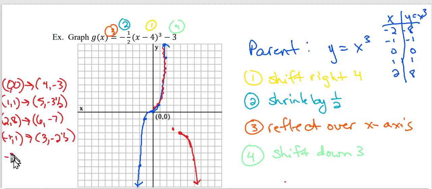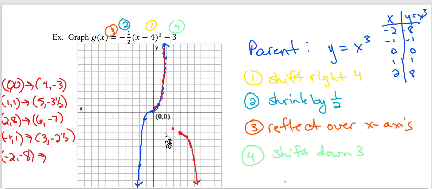And this last guy, -2, -8. Move it right 4. 1, 2, 3, 4. Shrink by 1/2. That y value of -8, when you multiply that by 1/2, is now -4. So my x coordinate is 2, +2 from the right shift.